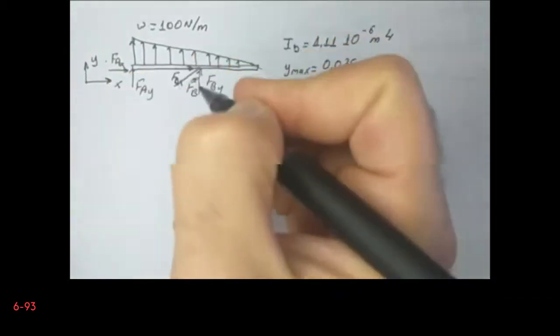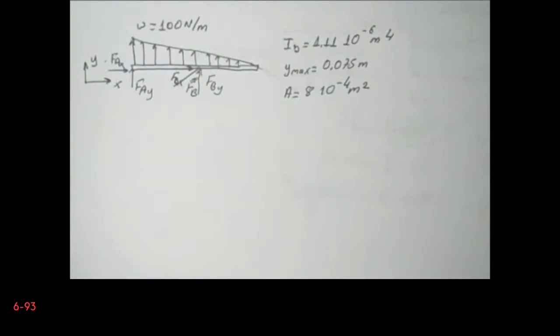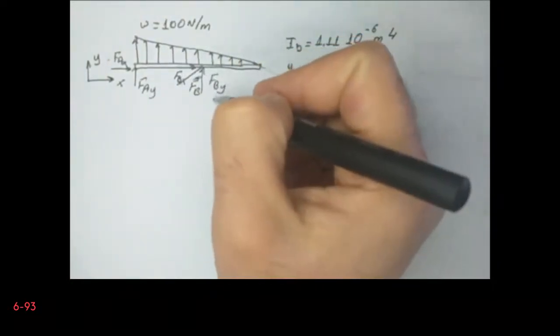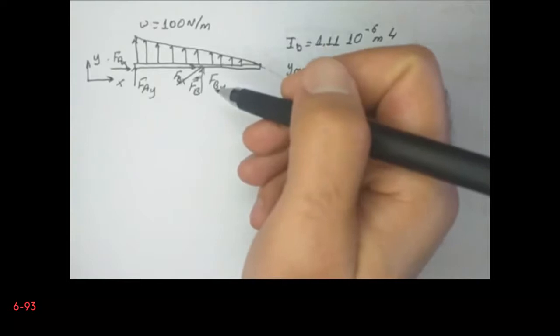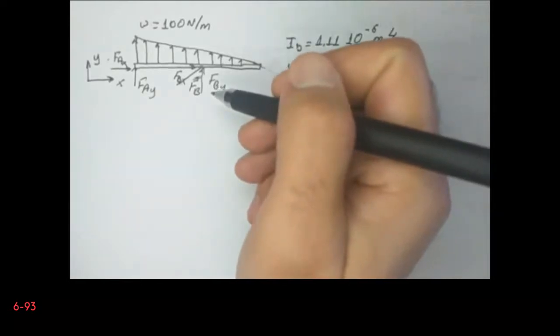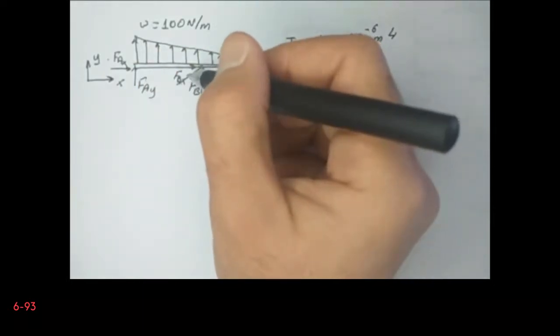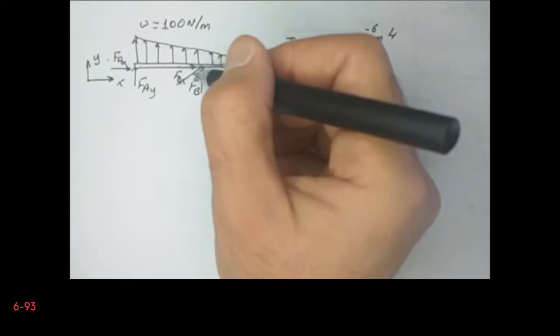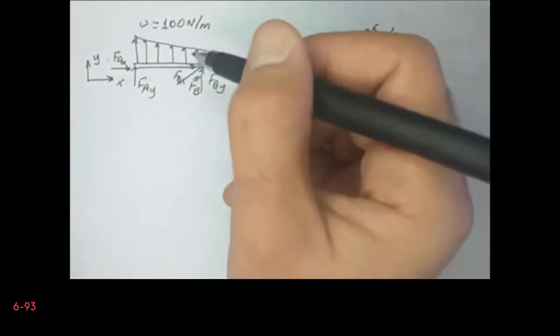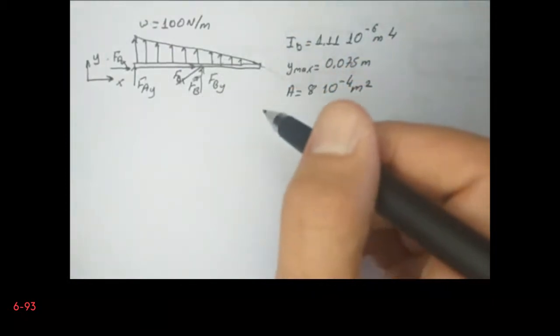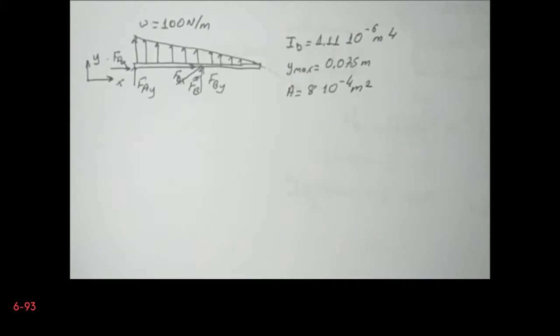So I have two components of the force in x and y direction. In fact, it is more than enough if I calculate the y components, because the x components will not contribute to the bending moment and therefore will not contribute to the bending stresses. So I can neglect it at the moment, because we are asked for the maximum bending stress.